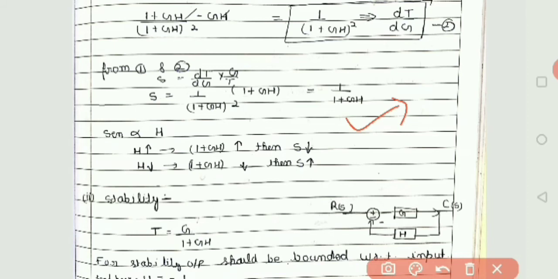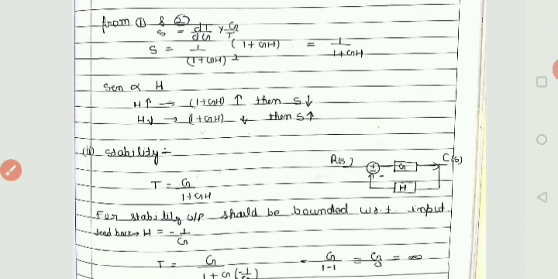If the GH value is positive, then the term 1 plus GH increases, so the total value of sensitivity decreases. If there is a decrease in the feedback path, 1 plus GH decreases, and we can say the sensitivity is increasing. By this we can relate sensitivity with gain and the feedback system.